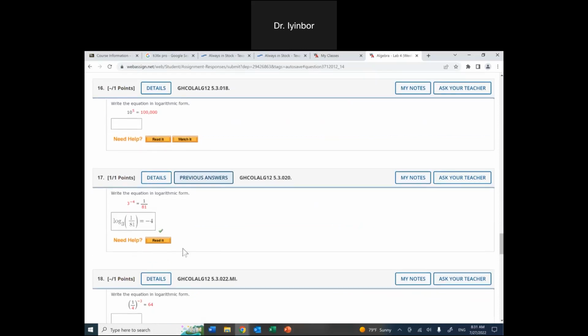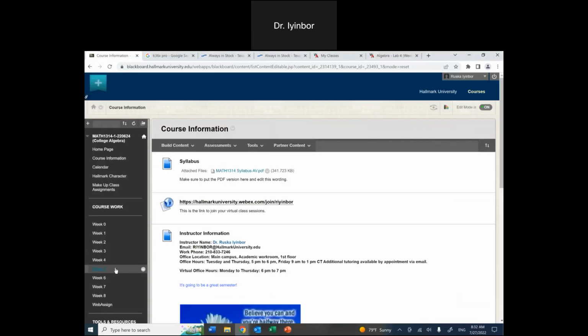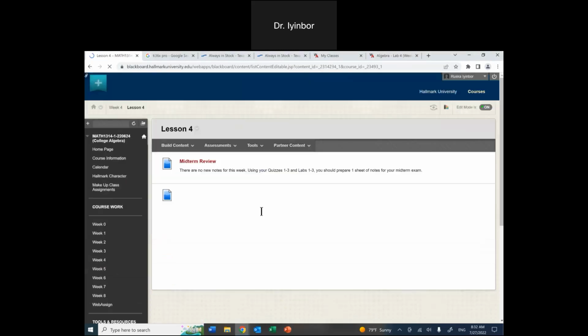So on your formula sheet, you should put something like, let me see. So I'm going to show you here in your formula sheet, and you have it printed out. But if you don't have it, go to week 4 and lesson 4. That's where you get the formula sheet. I'm sorry, week 5.